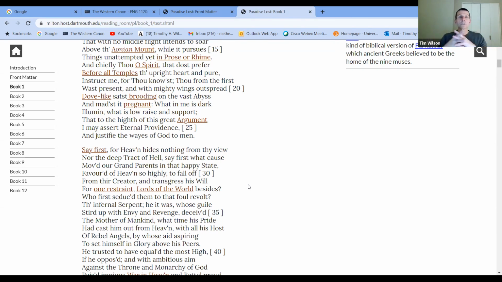So one thing I want to point out here is the way that Milton represents human choice is kind of remarkable in relation to the Renaissance epics and Dante that he's dealing with. So Renaissance and earlier epics.